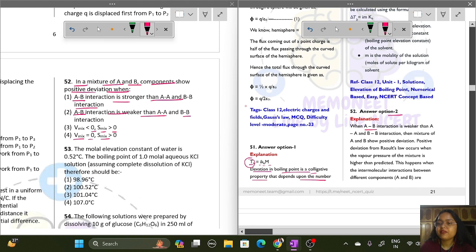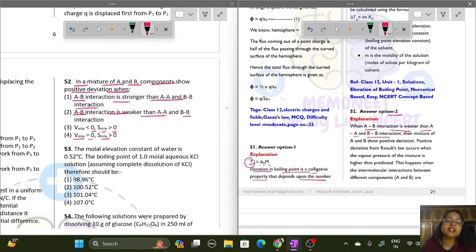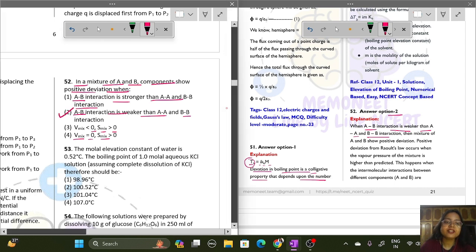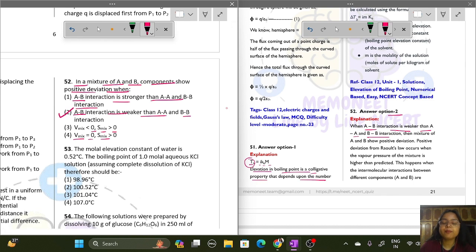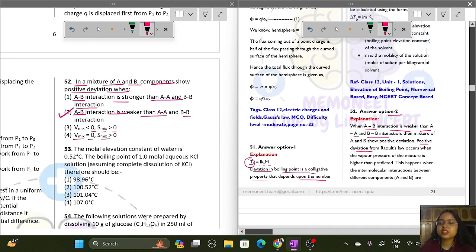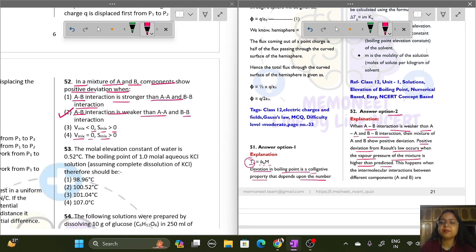Because when AB interaction is weaker than AA and BB interaction, only then can we expect a positive deviation in the mixture of A and B. Positive deviation from Raoult's law occurs when the vapor pressure of the mixture is higher than predicted.